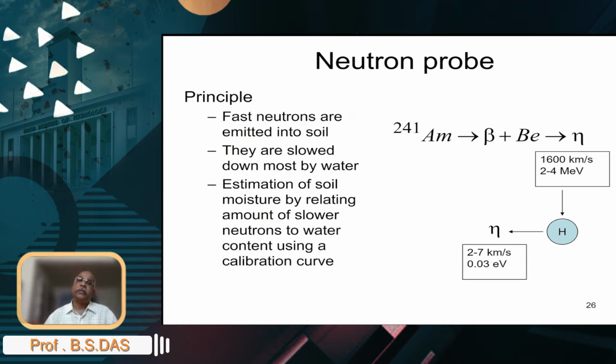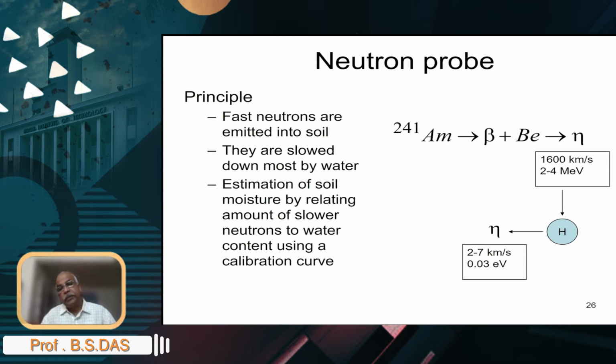The collision is inelastic, and multiple collisions take place, and in the process they lose a substantial amount of their energy and come down to an energy level as low as about just 0.03 electron volt, and these become very slow, with a speed of about 2 to 7 kilometers per second.